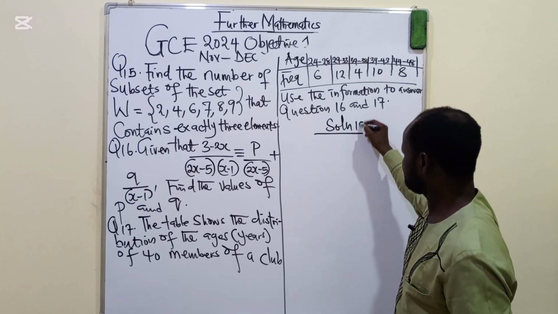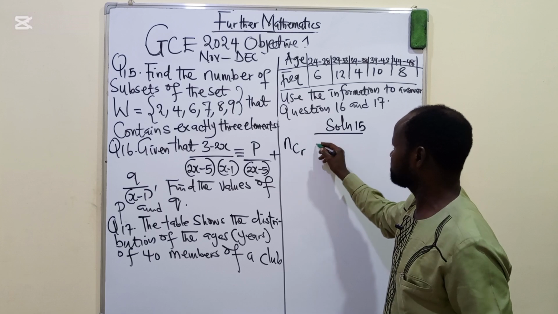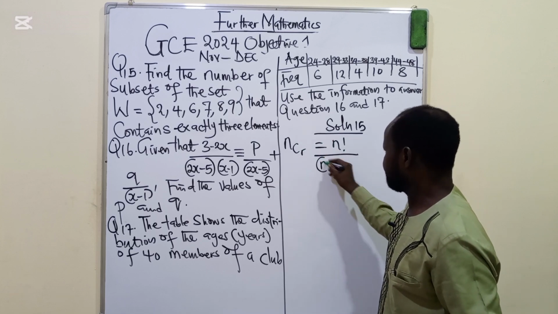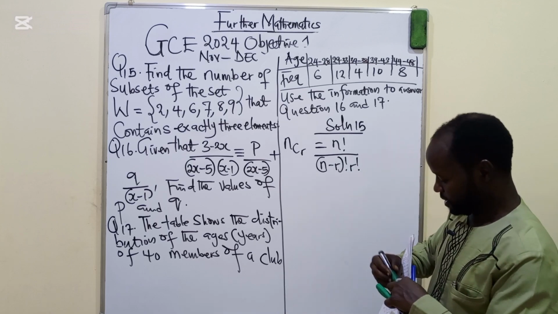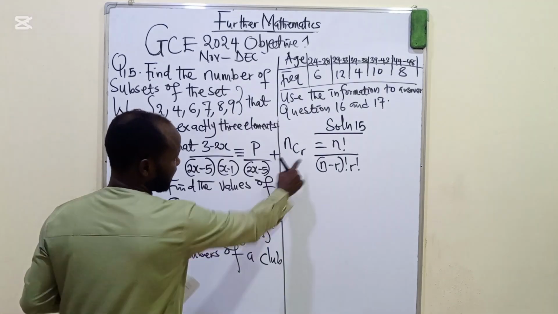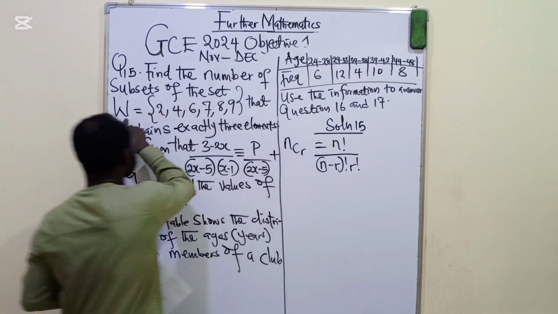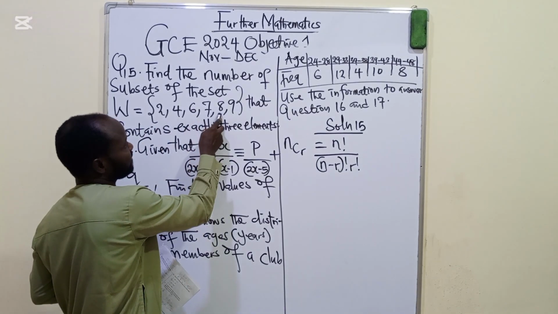Solution to 15 now. The general formula for combination n combination r is given as n factorial divided by n minus r factorial times r factorial. In this case, we have to identify our n and r. We are picking 3 elements out of the elements in W, which is 1, 2, 3, 4, 5, 6.